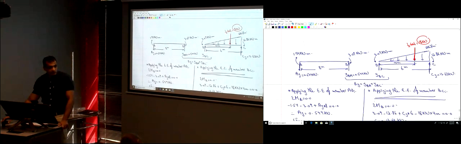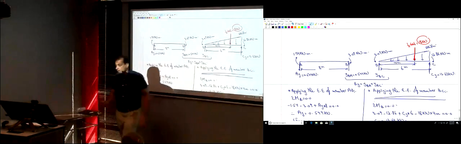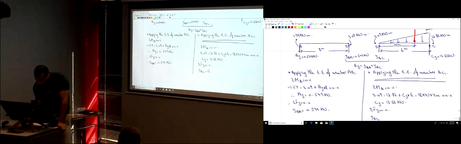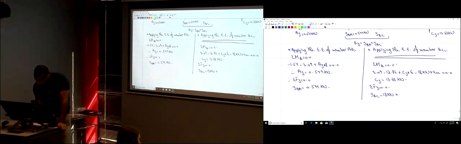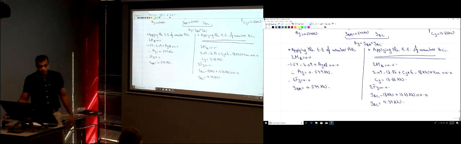This 18 kilonewtons is going down. So I have negative 18 kilonewtons plus Cy, which is 13.63 kilonewtons, equal to 0. So YBC is equal to 4.37 kilonewtons.